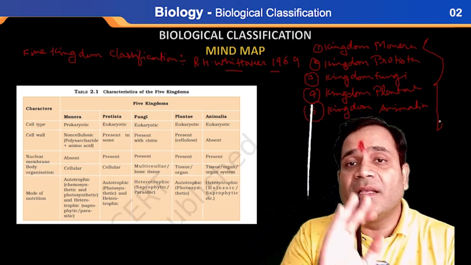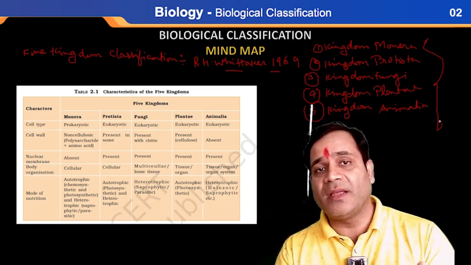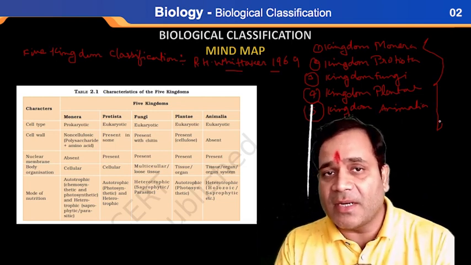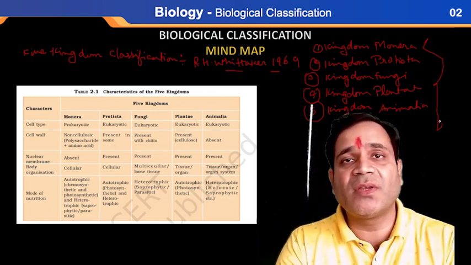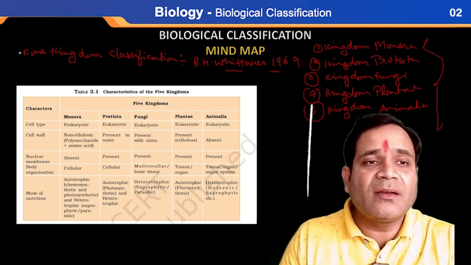Further, my dear, this five kingdom classification was divided further into the six kingdom classification, and this six kingdom classification was given by the scientist Carl Woese. I'm writing it here also.